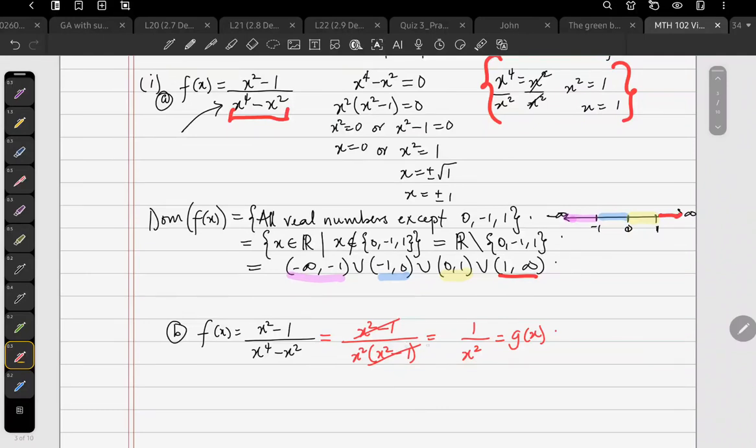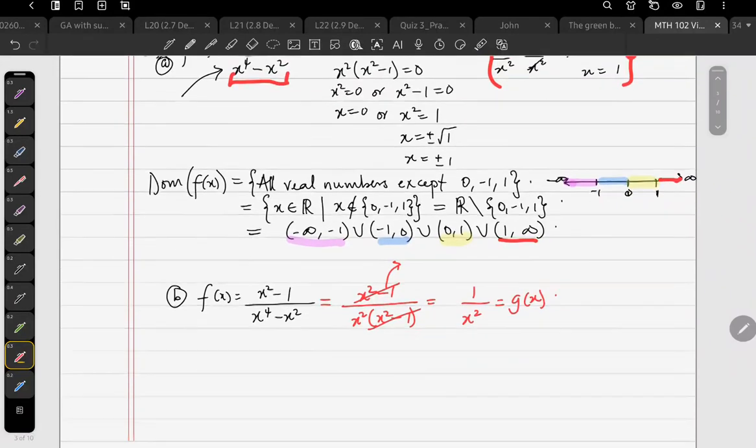So if we can get the range of g of x, and range is the set of the outcomes, we just need to remove the outcomes of the input values that have been cancelled by simplification. I hope that makes sense.